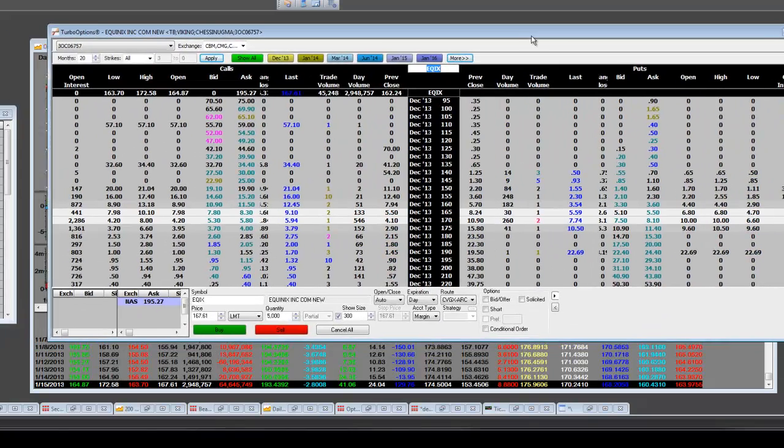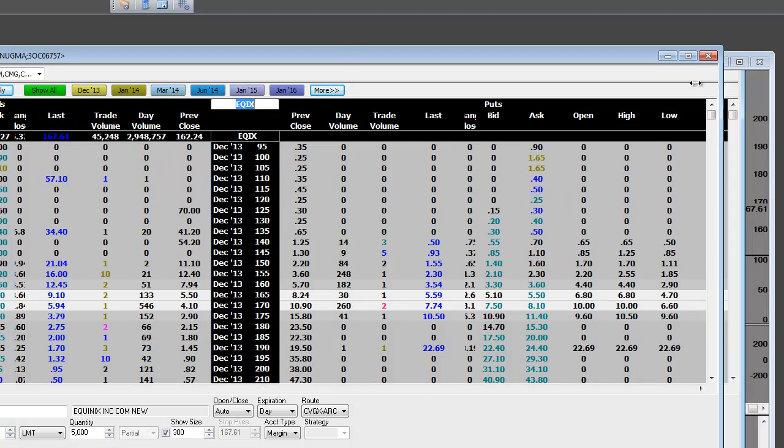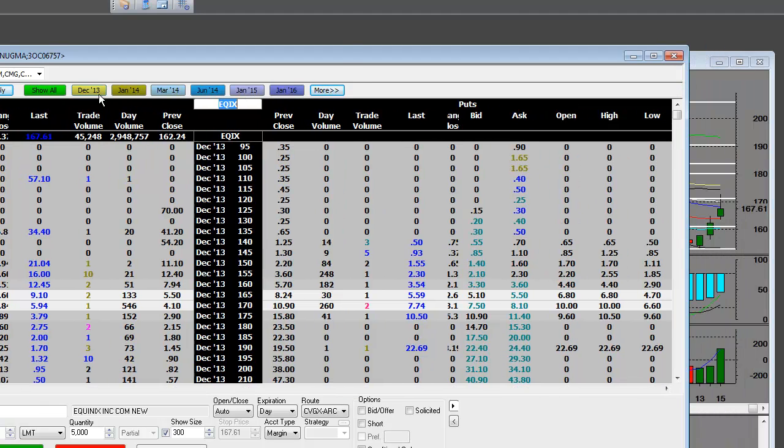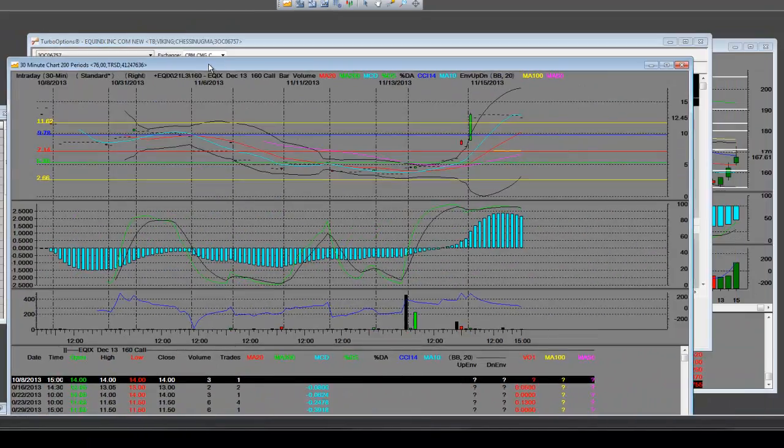We're going to be taking a look here in the options tree at a December regular contract, what the 160 call would look like, where that 160 call was, and how you can trade the options with EQIX.